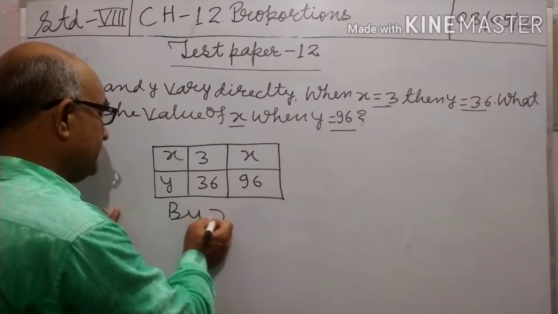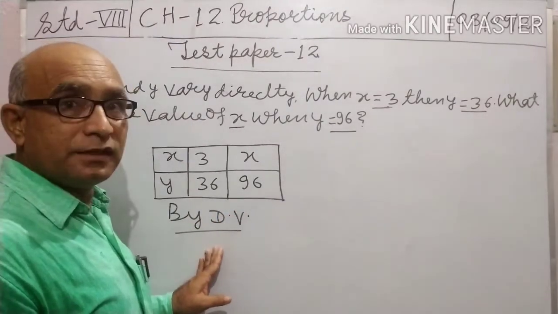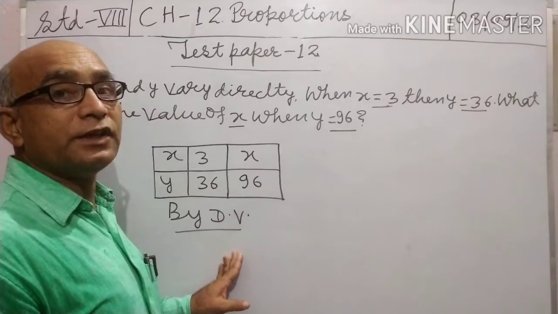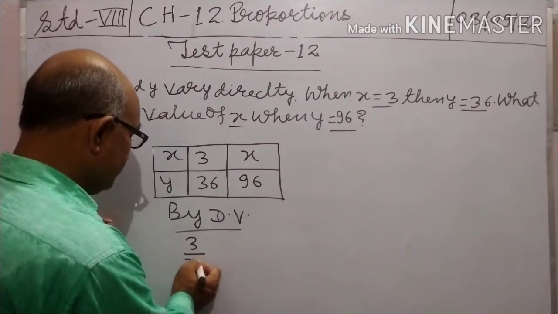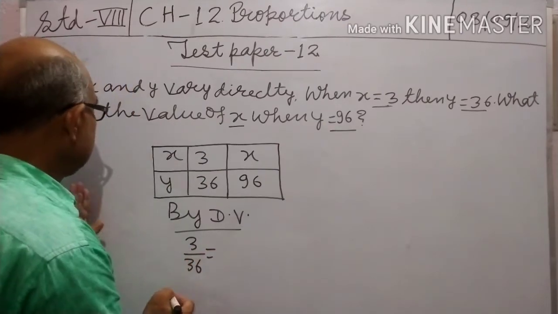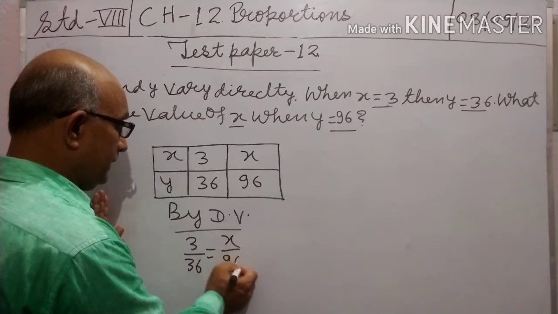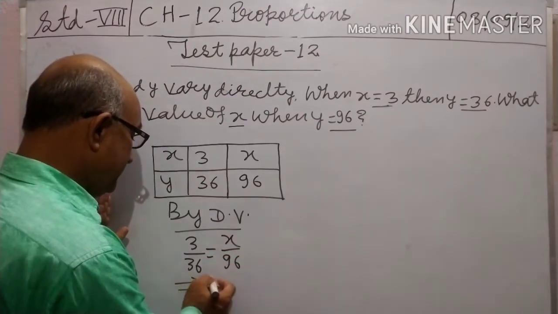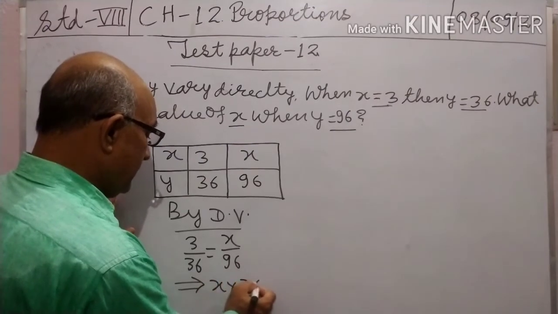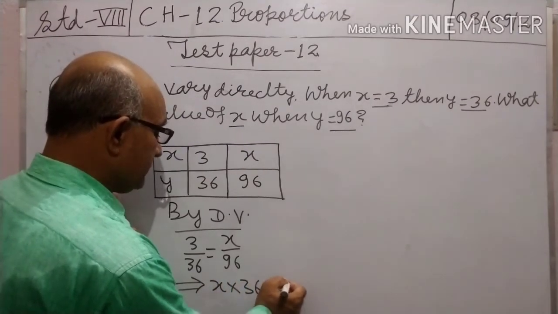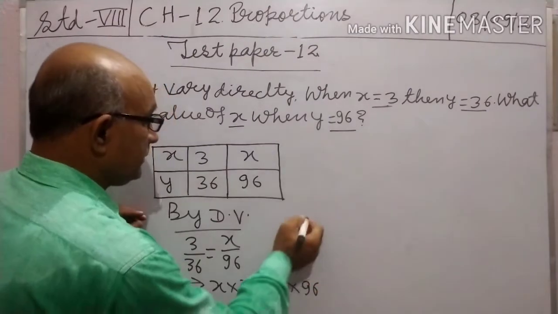By direct variation. Students, we know that in direct variation, the ratio of two quantities is constant. So 3 by 36 equal to x by 96. That implies by cross multiplication, x into 36 equal to 3 into 96.